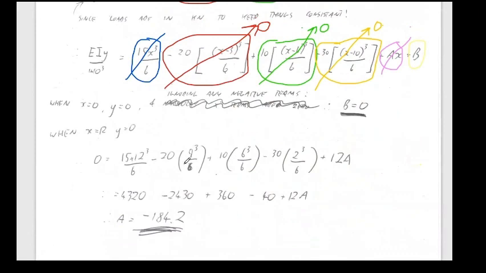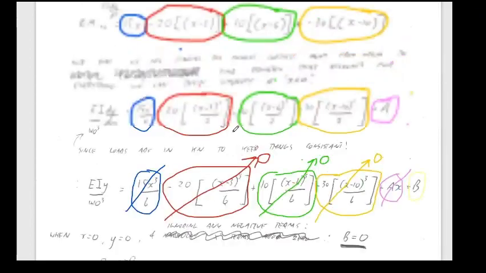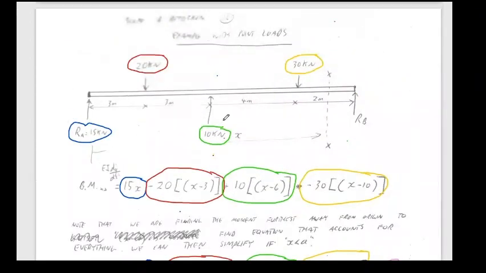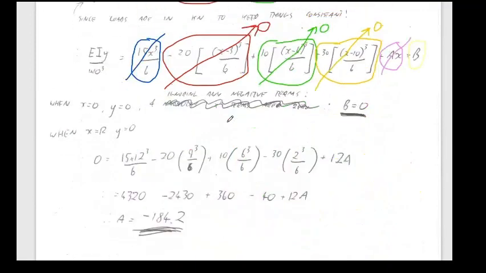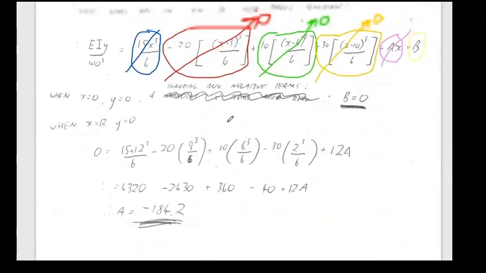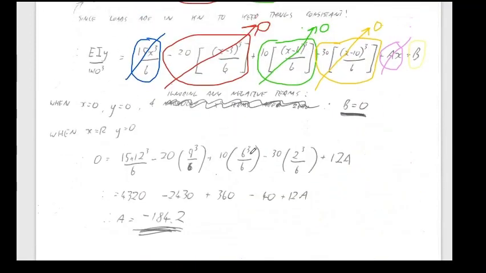So we've got 9 cubed over 6 plus, and again here, let's look at our Macaulay's term, x minus 6. If x is 12, we end up with 12 minus 6, we end up with 6. That's positive, we must consider that, again because we have gone past that green load, that 10 kilonewton load, so we must consider the influence that has on the bending moment.